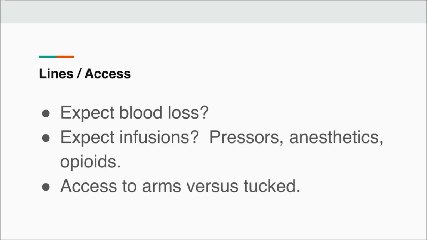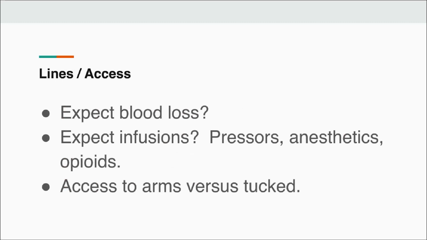Moving on to lines and access. Some of the things that we think about before we decide what lines to place, and we may ask the surgeon this, is how much blood loss to expect. Obviously, if the case is simple and there's minimal blood loss, then one IV usually works just fine. But if the surgeon tells us that they're very close to major vasculature, or the tumor is highly vascular, or to expect quite a bit of blood loss, then we'll be thinking about putting in extra lines.